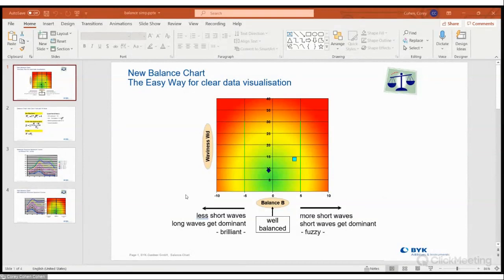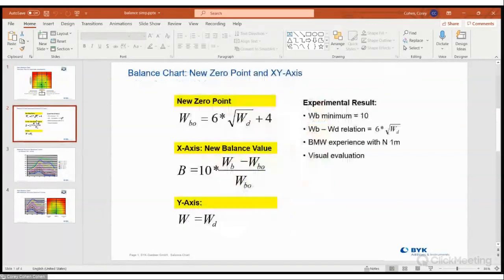So several years ago, we came up with this balance scale, and this is meant to balance out the shorter wave structures with longer wave structures, specifically the WB and the WD. We actually have the equation for it here. It's calculated solely on the WB and the WD value, and how well those shorter structures are balancing out those longer structures.